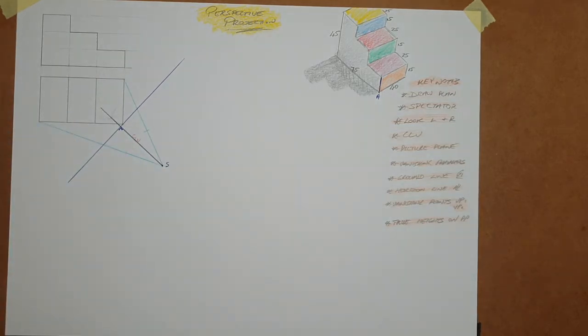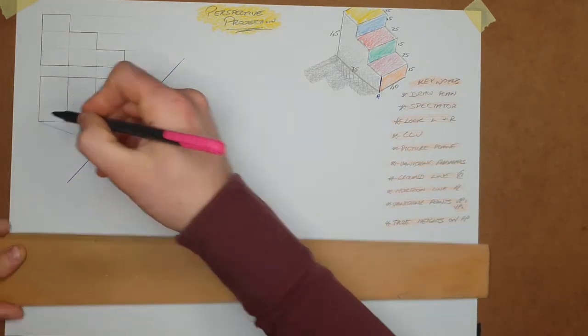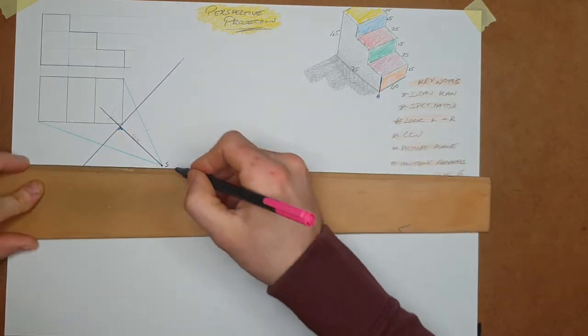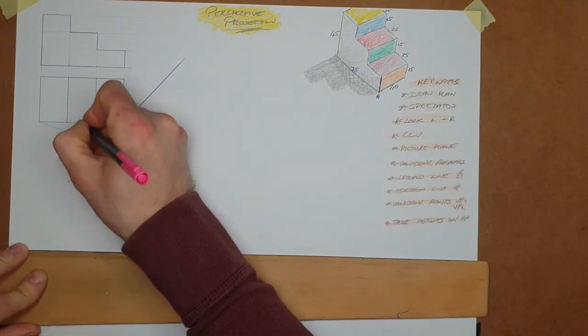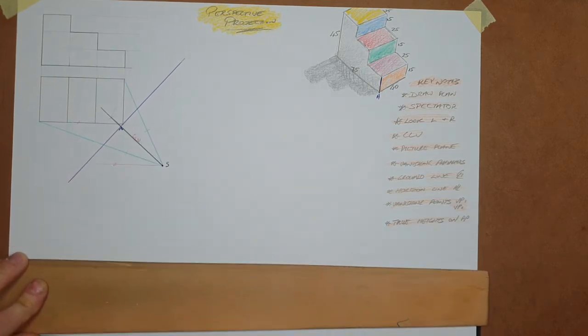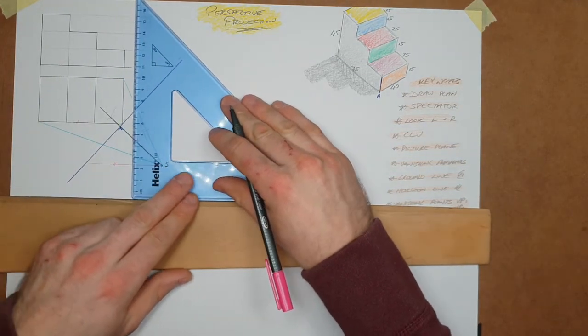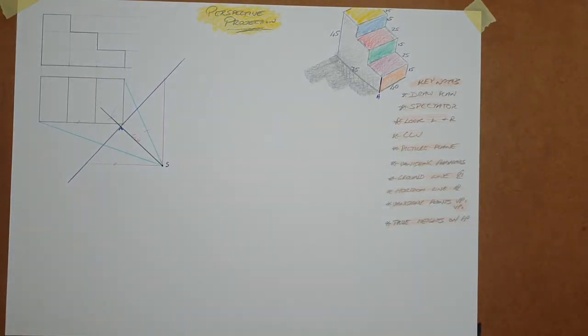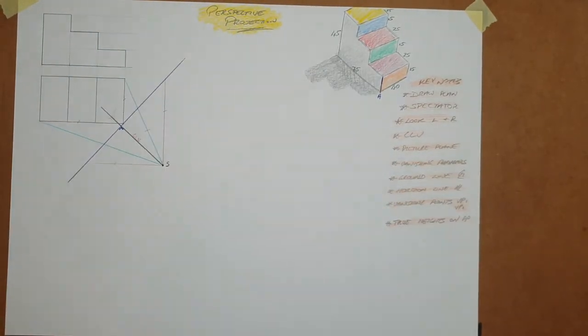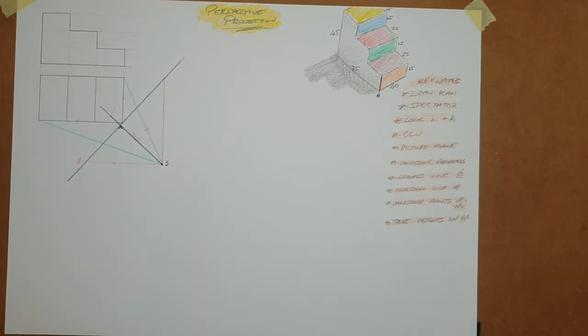So I usually use pink, and I just continue on with the same setup all the way through. I'm going to look parallel to the primary faces of the object from the spectator onto the picture plane there. So that's parallel to that. And then parallel in the other way is just up vertical. And I have just established VP1 and VP2.